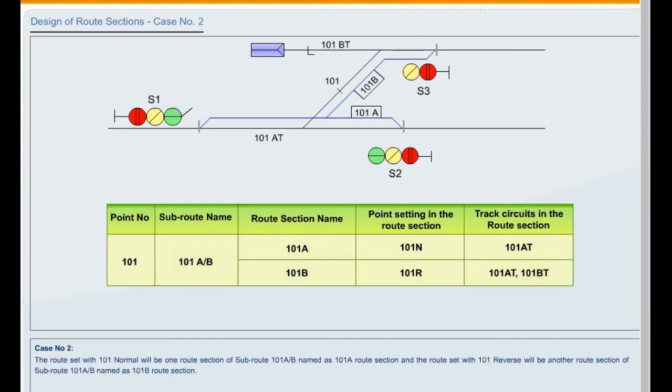The route set with 101 normal will be one route section of subroute 101A by B named as 101A route section, and the route set with 101 reverse will be another route section of subroute 101A by B named as 101B route section.